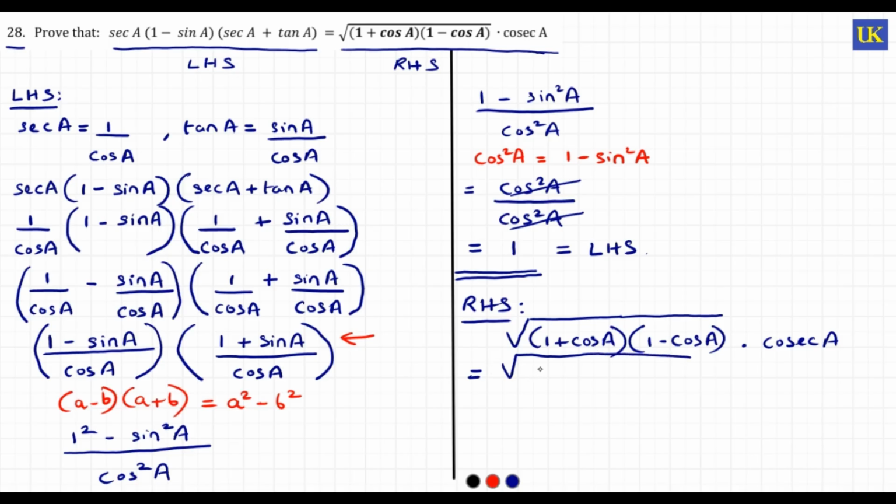So under root 1 square minus cos square A, outside we have cosec A.